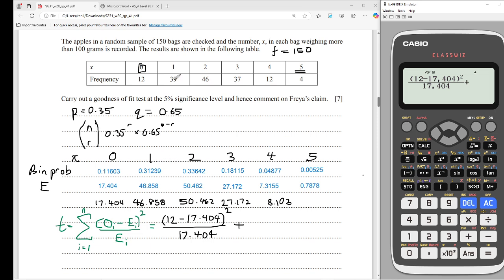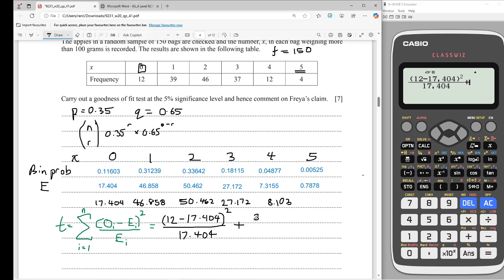Now the first observed value is 39, so 39 minus 46.858, and we subtract, and now that we've subtracted that from our observed value, we can just whole square the difference.